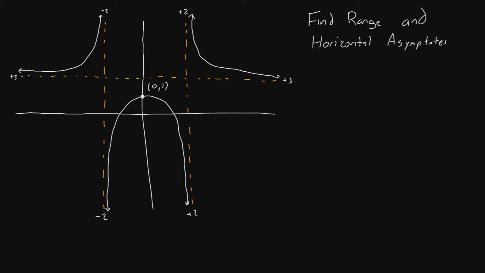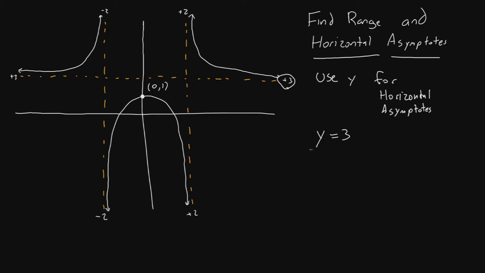Next, the question asks us to find range and horizontal asymptotes. We can see we have a line going left and right, this yellow dotted line, at +3. Now for the horizontal asymptotes, we're going to use the letter y. And we'll say y equals 3 is our horizontal asymptote.